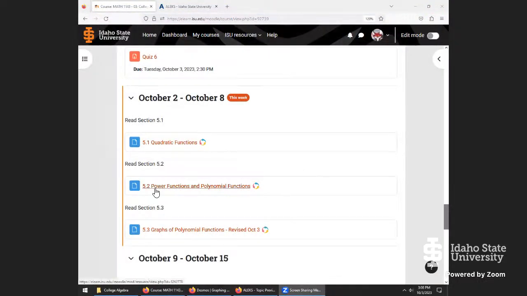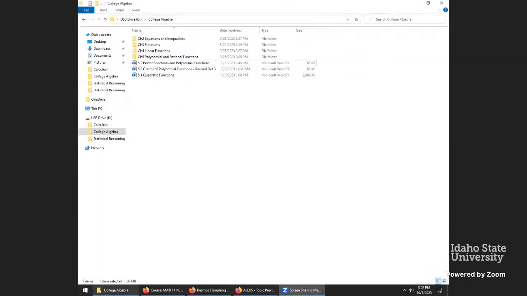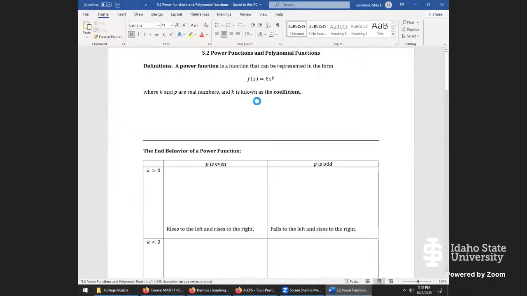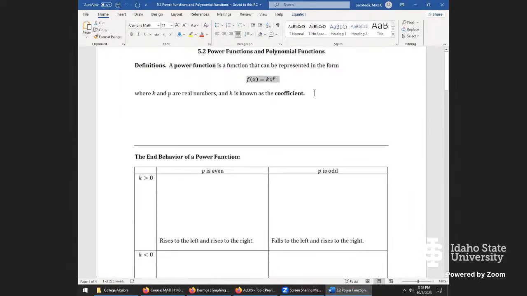So here we're going to deal with specifically the so-called power functions. All a power function is a variable, say like x, raised to any power whatsoever. The power could be 5, it could be square root of 2, could be negative 12. But if we have anything like that, then this is what we're dealing with if we're considering a power function. So a power function is a function that can be represented in this form.